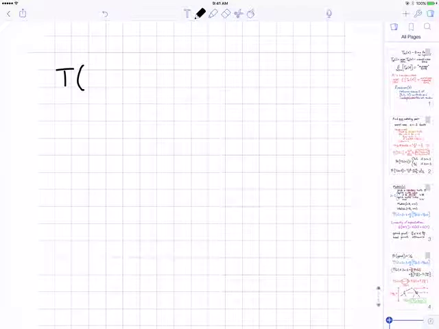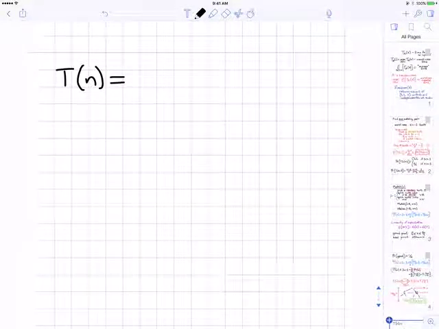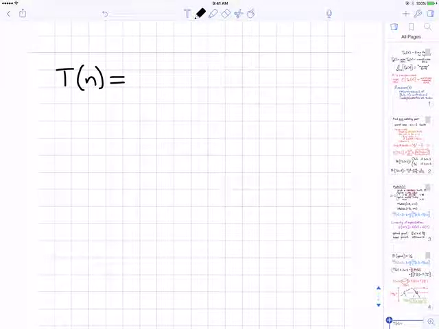And I really want to think of it this way. What is the definition of the running time of the algorithm? This is the number of times I test any bolt against any nut. So let me write that formally.